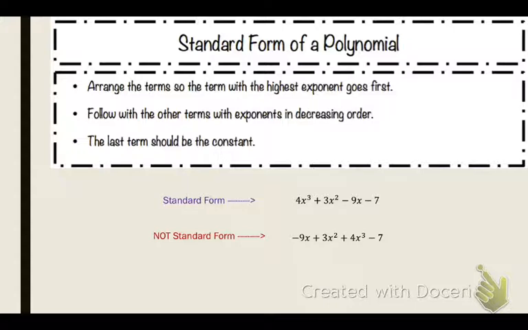This second one still ends with a constant, but the variables go from 1, 2, and then 3. So they go in ascending order instead of descending. So they're more jumbled. So standard form is when the exponents decrease and you end with a constant. It is not in standard form if it does not decrease and end with a constant. So the first one is standard form, the second one is not. Okay, that's super important. You guys need to know standard form.